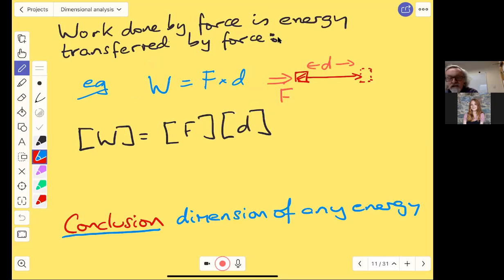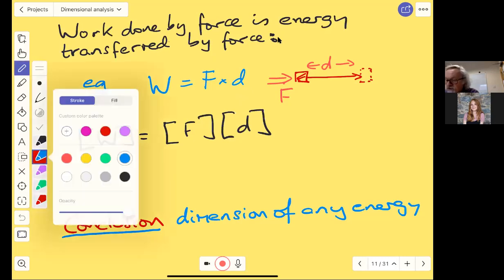Now, let's think a little bit going from force to energy. So we can think about work. If you've got a simple constant force acting on an object and it moves the object through a distance in line with the force, distance d, then the work done by the force is F times d, force times distance. So the dimensions of work are going to be the dimensions of force times the dimensions of distance.